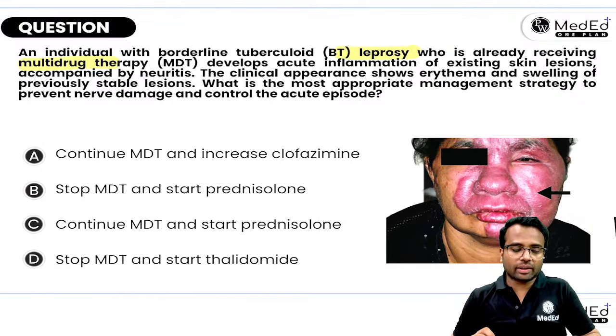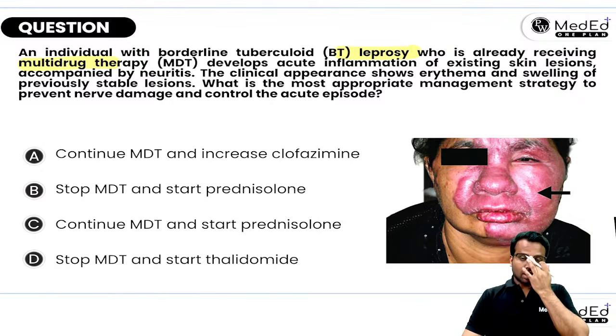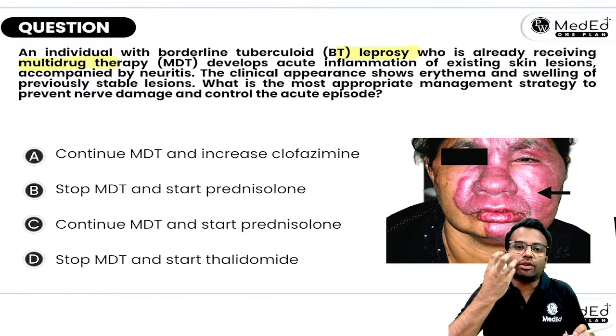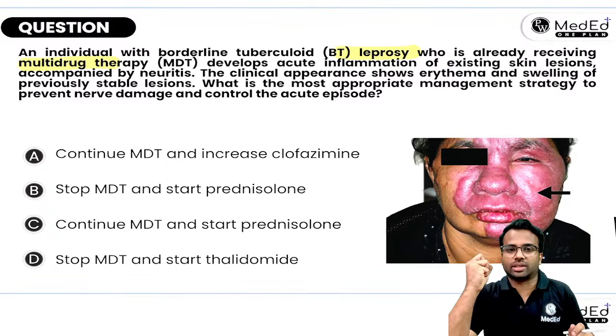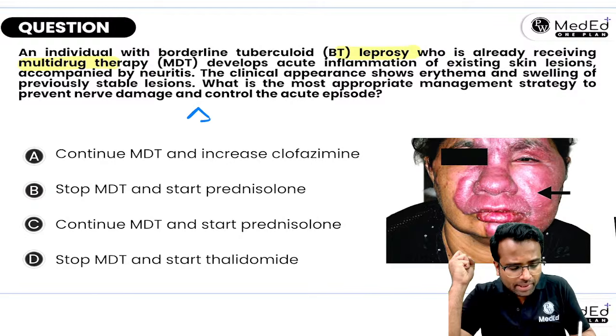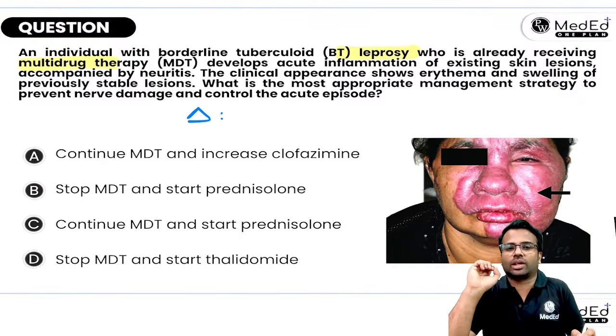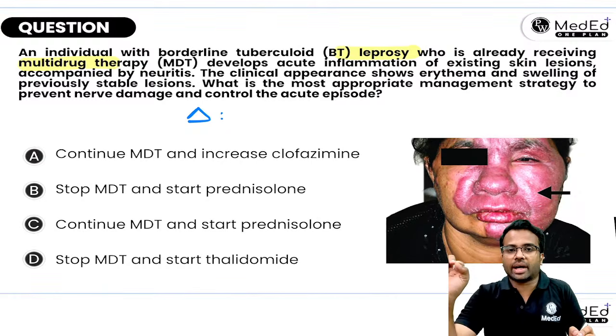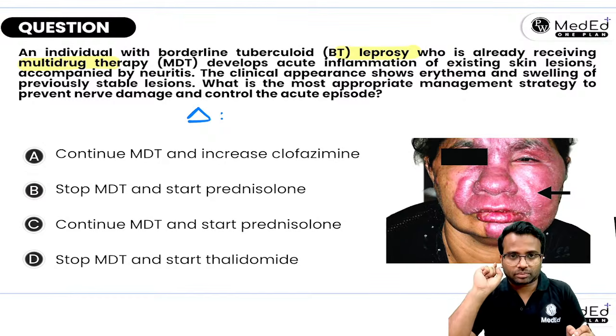First, you know that we are talking about leprosy here, and there is some acute inflammation of the existing skin lesions. Can you be more specific? What exactly are we talking about? Yeah, we are talking about a lepra reaction. Now, in the chat box, please tell me, are we talking about a lepra type 1 reaction or a lepra type 2 reaction?